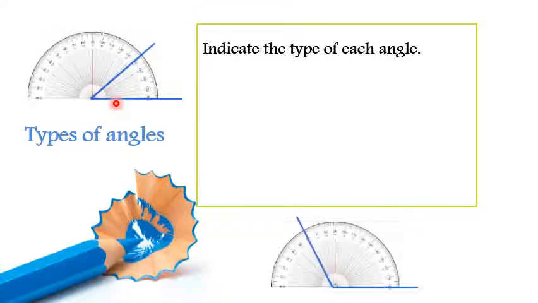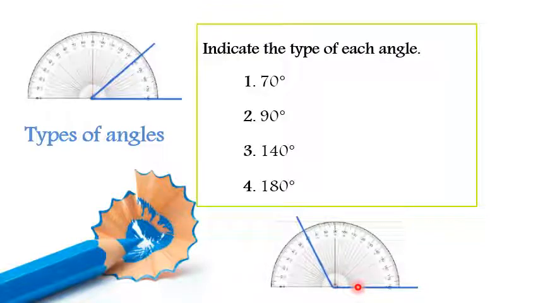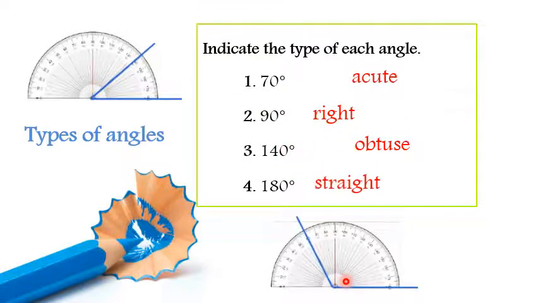Now here are examples. 70 degree: 70 is less than 90, so it's an acute angle. 90 degree is a right angle. 140, it's greater than 90, here it's wide, so it's called an obtuse angle, while 180 is a straight angle, okay?